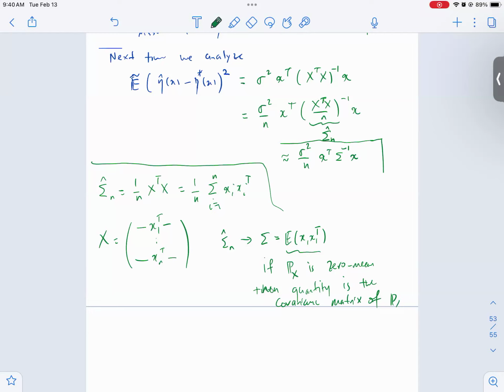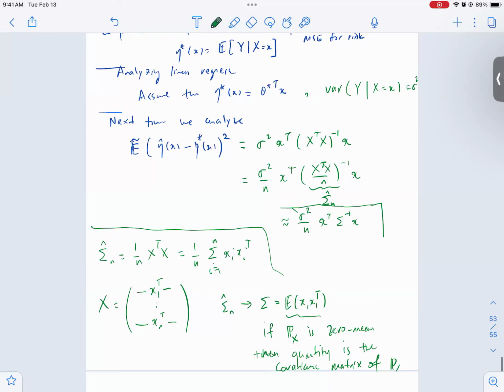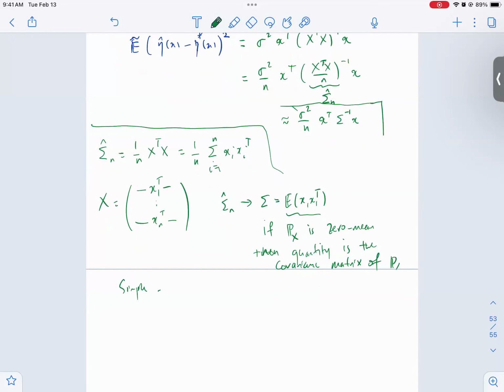Sound good? So this sigma squared is the variance of the noise. This conditional variance is some sort of noise. Let's say in a very simple example that this sigma is identity.